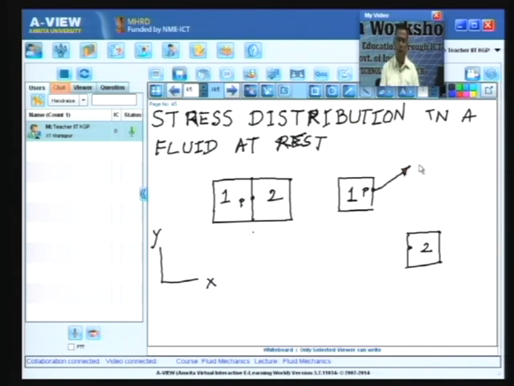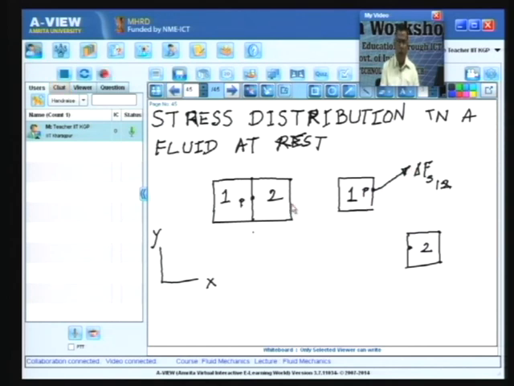We can call it delta F S 1 2. So, this subscript S indicates that it is a surface force exerted through this surface, and 1 2 means it is a force on the fluid in 1 exerted by the fluid in 2. So, this is the net effect of the intermolecular forces.